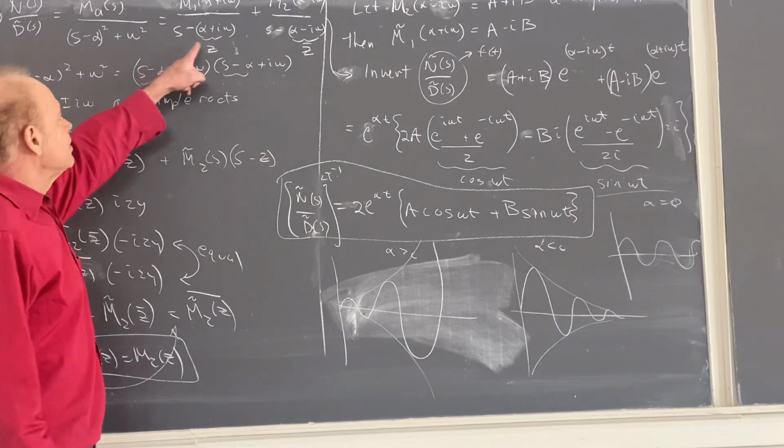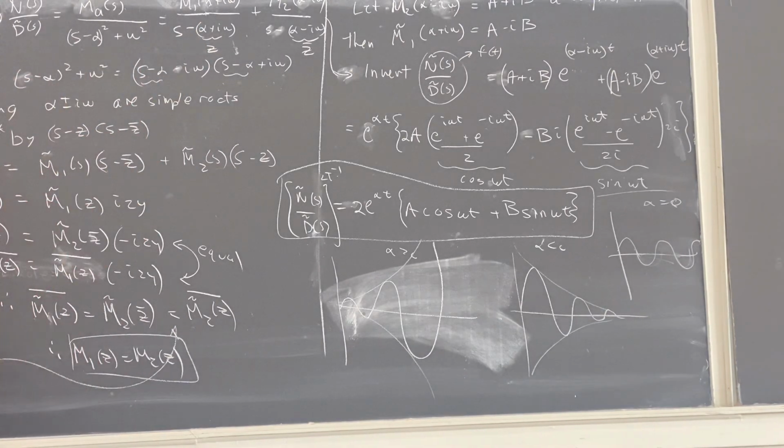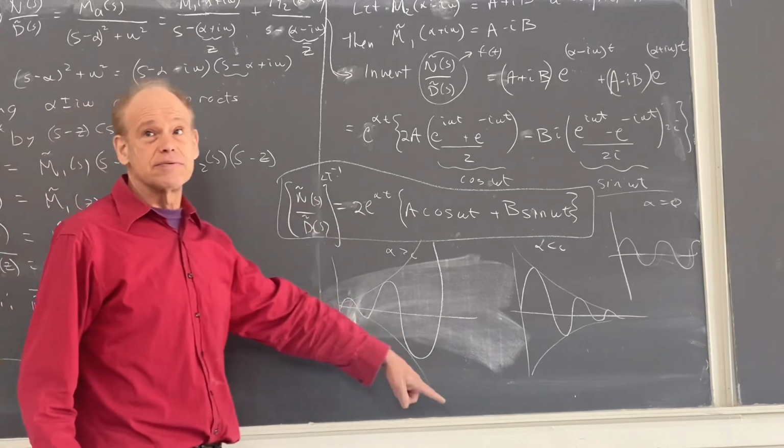Remember, we can get these roots of a polynomial with real coefficients. Physical problems give me real coefficients. I could have real coefficients giving me complex roots. So I could have non-oscillatory inputs, simple inputs, and the output starts to oscillate.